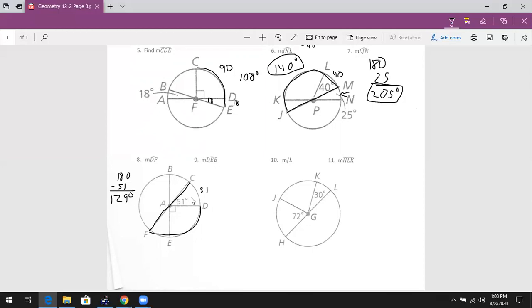Arc DEB does describe a major arc, and it is going to be what arc DF was, which we already said was 129, but then I have to add this arc to it.